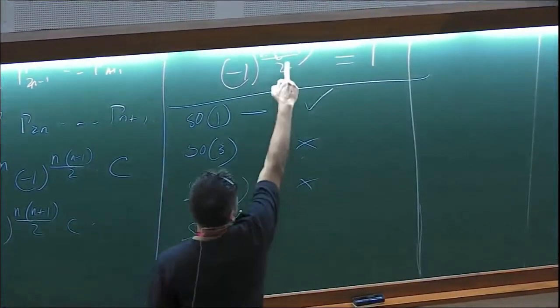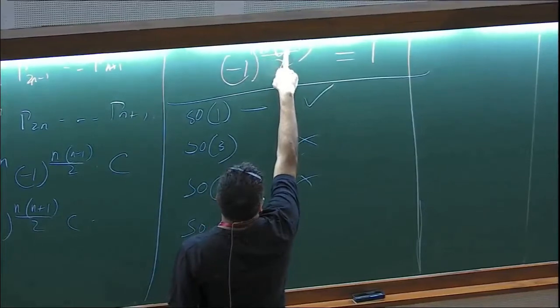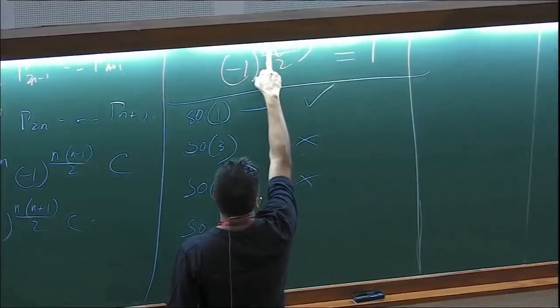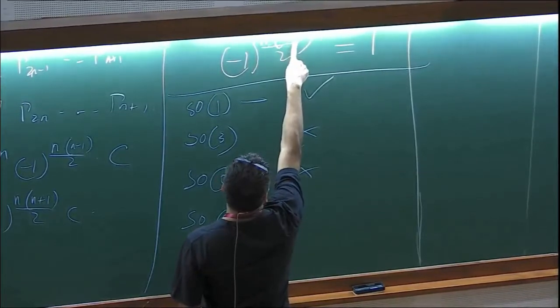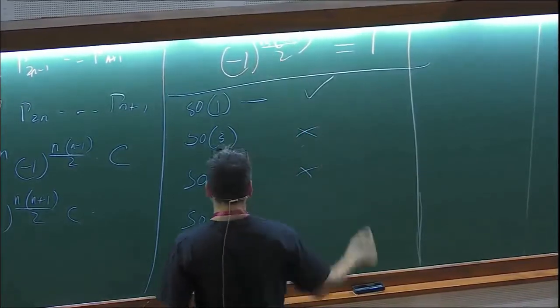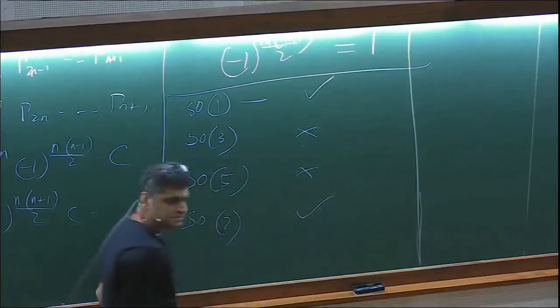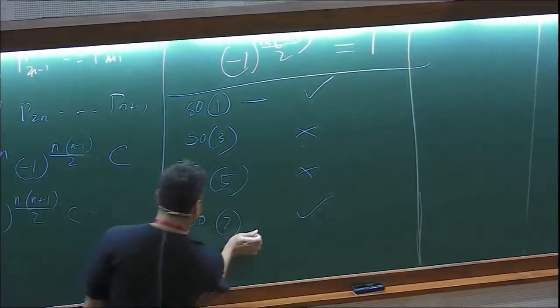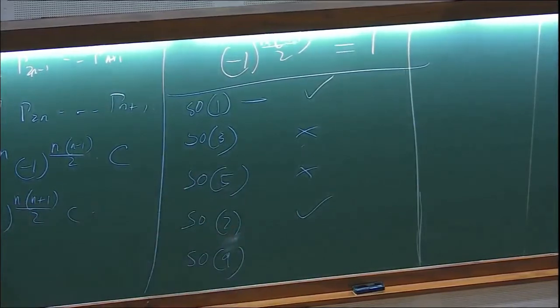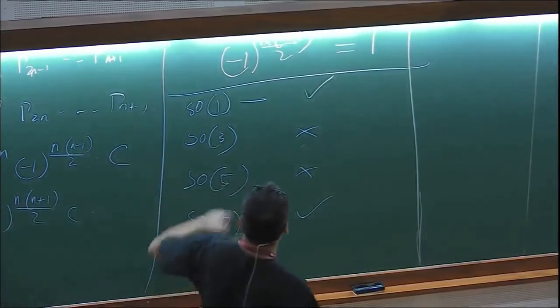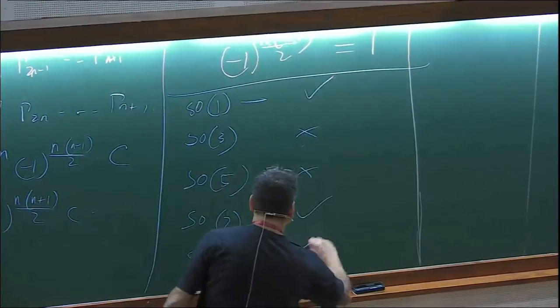So n equals 3, this also doesn't work, right? Because this is 4 by 2, so that's 2. Oh yeah, you're right, it works. It works. Yes, SO(7). And what about SO(9)? That is n equals 4, so that's an even number, so that works.